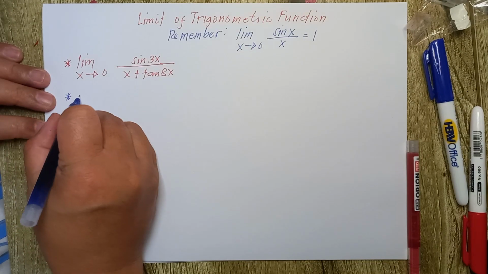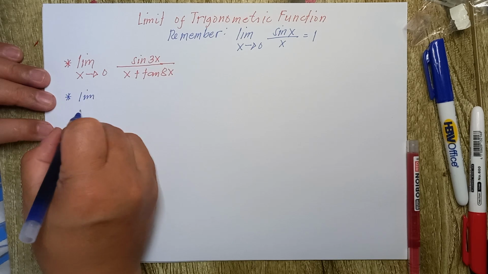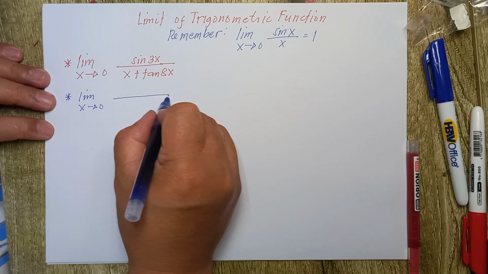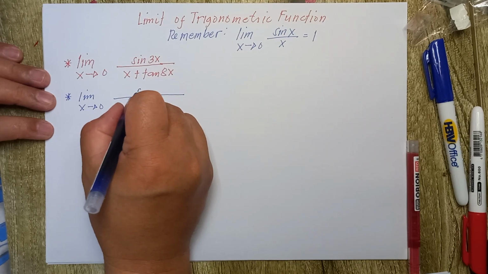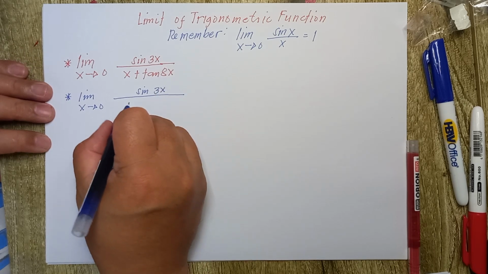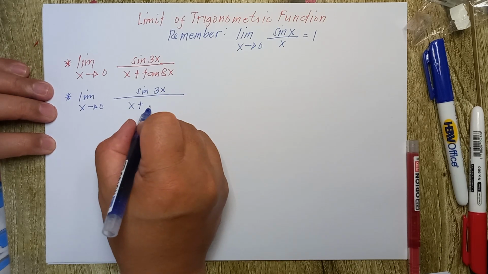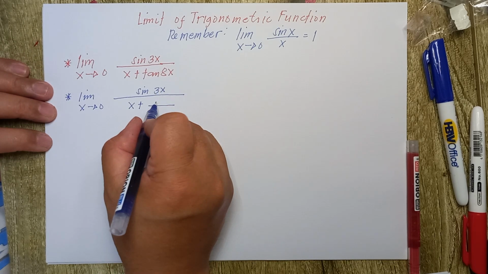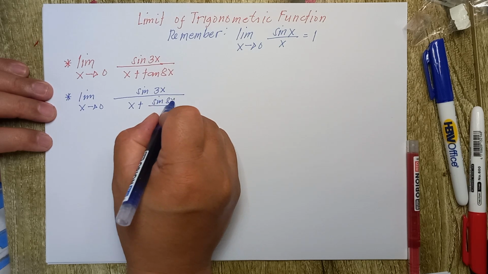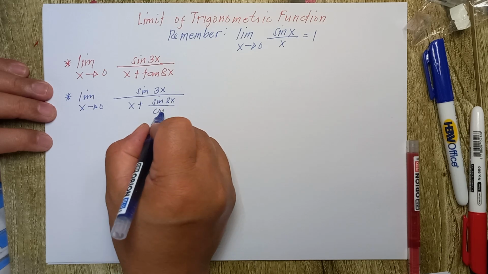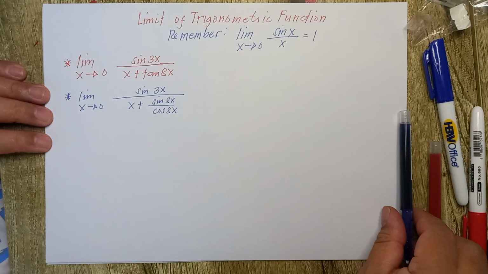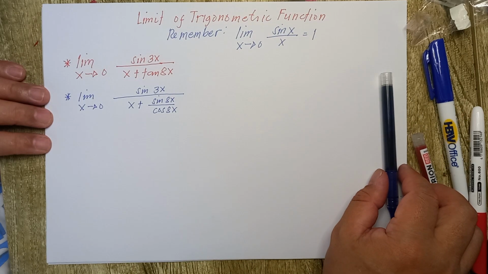The limit as x is approaching 0, we can rewrite this one by saying sine 3x over x plus sine 8x over cosine 8x. Okay, so that is how we write.